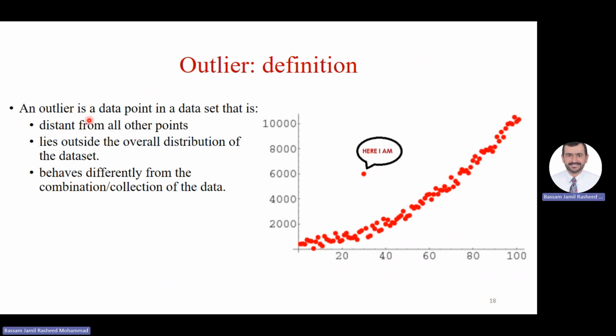Okay, so an outlier is a data point in a data set that is distant from all other points, lies outside the overall distribution of the data set, and behaves differently from the collection of the data. This is very important when you are doing data collection and data curation, and it's a key thing to weed out any suspicious data.